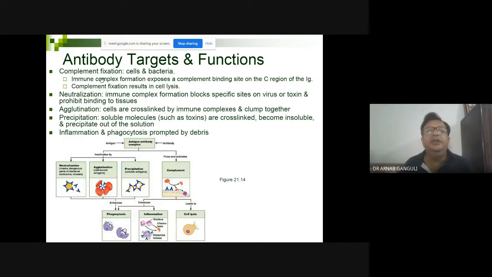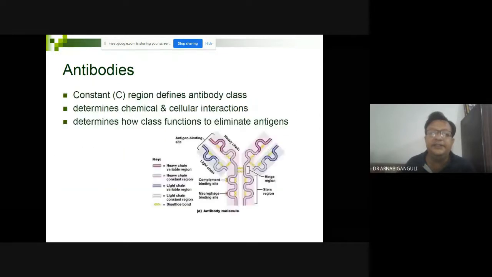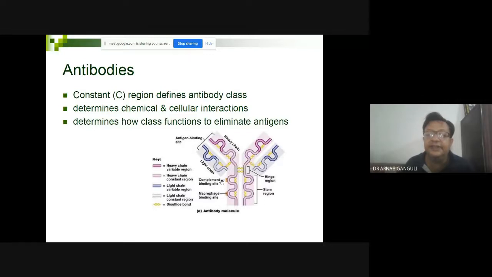First, the immune complex formation exposes a complement binding site on the C region of the immunoglobulin. So what is the C region of the immunoglobulin? This region, and here is the complement binding site. This is the constant region. This is the variable region. The antibodies come, and this is the antigen binding site.